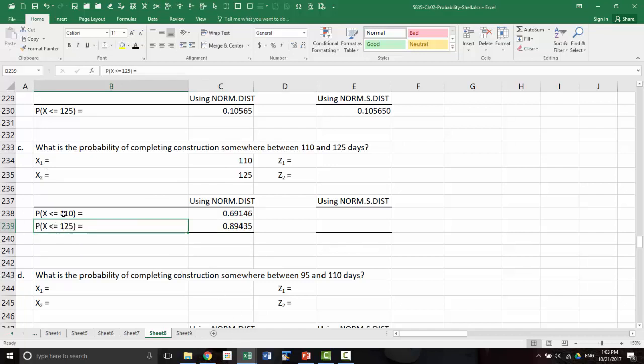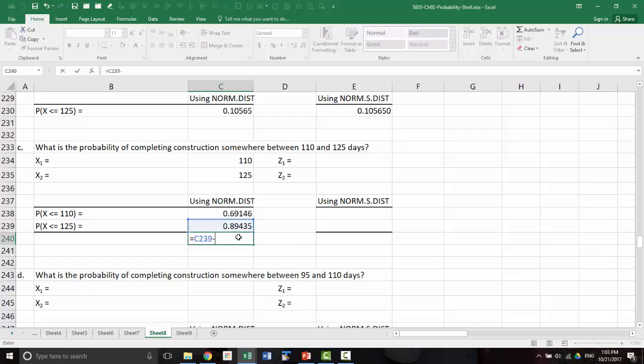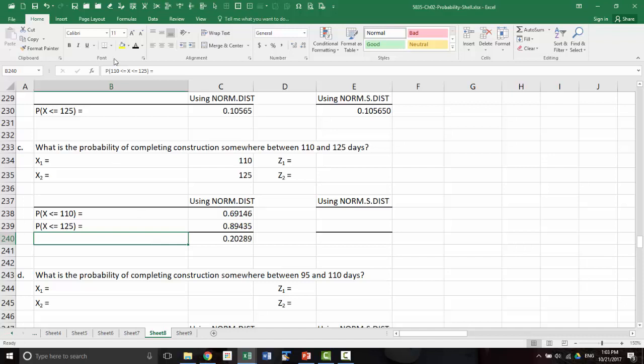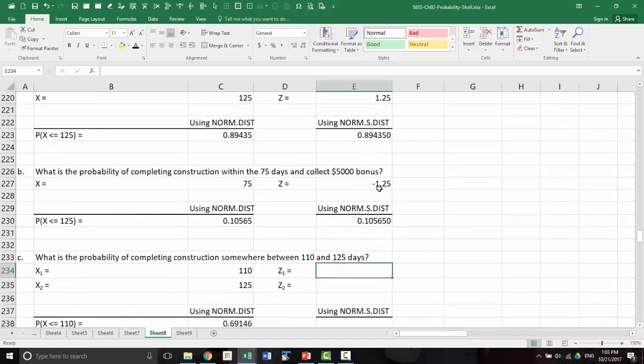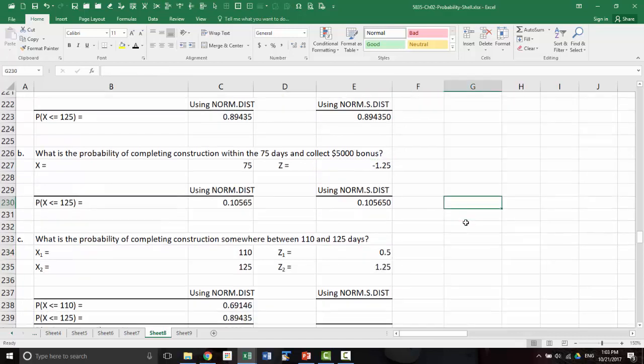And we want what is in between, so you have to subtract one from the other. So when I go that minus that, that will give me the probability between that. The same goes for NORM.S.DIST.